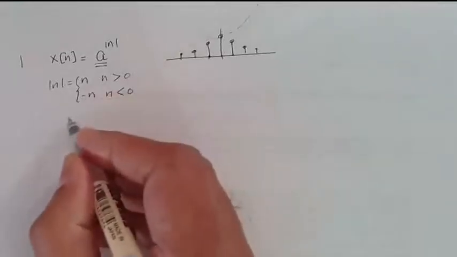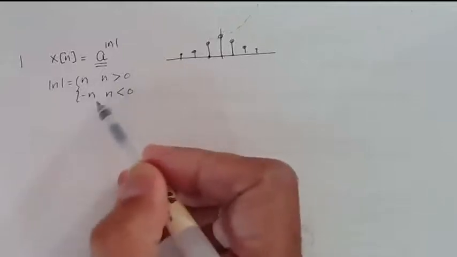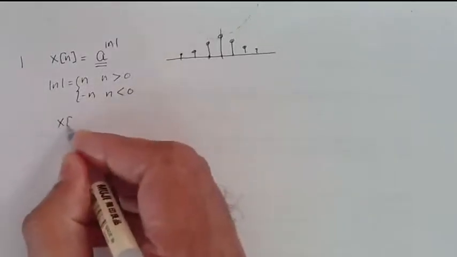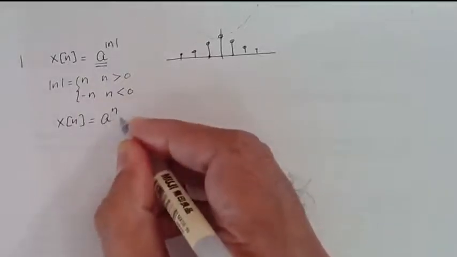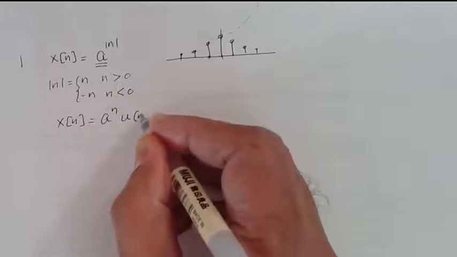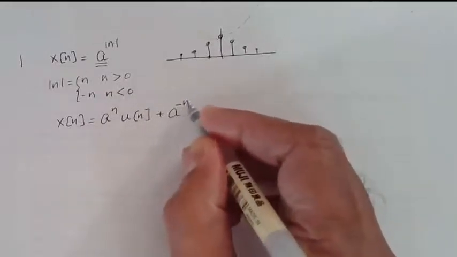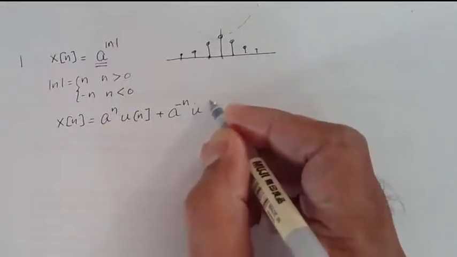Okay, so because absolute value of n is equal to n for n greater than 0 and minus n for n less than 0, I can write x of n as a to the power n for n greater than 0 and a to the power minus n for n less than 0.